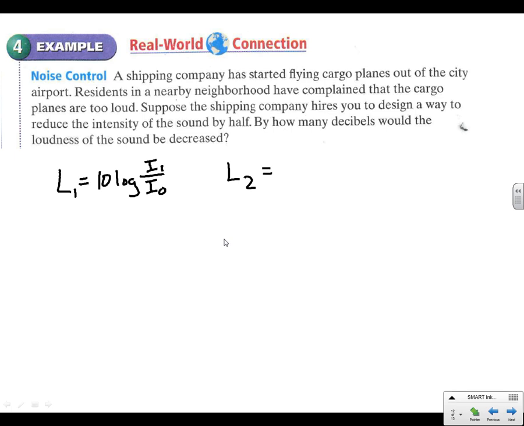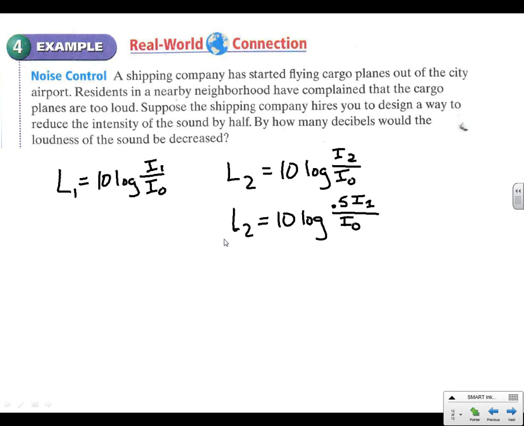So L2 is going to be 10 log I2 over I0. But we want I2 cut in half, right? So I2 needs to be half of I1. So we can say 0.5 of I1 over I0.